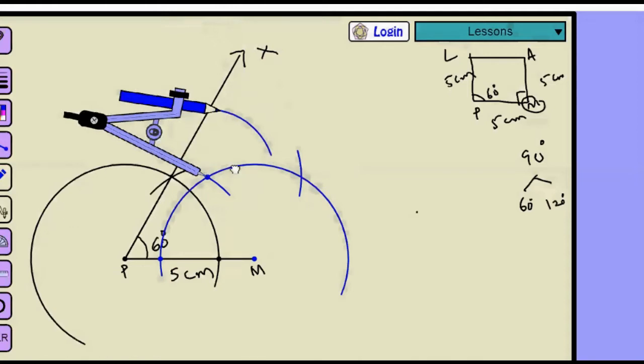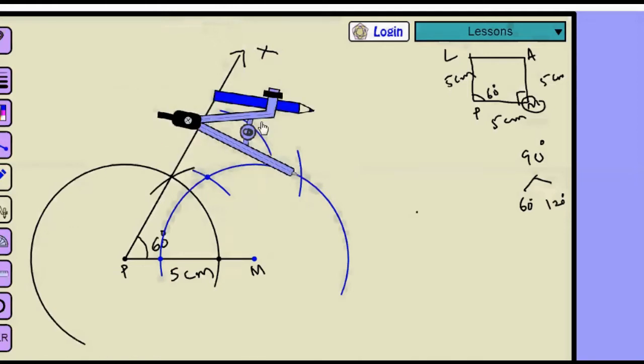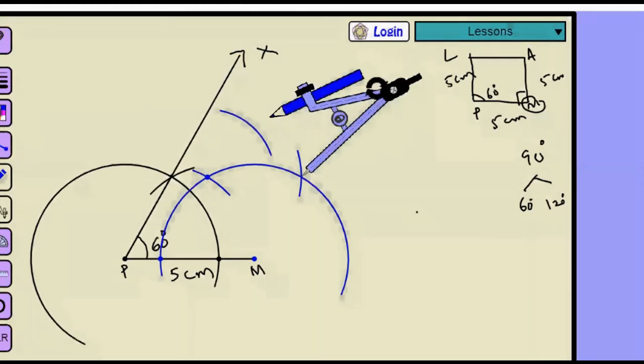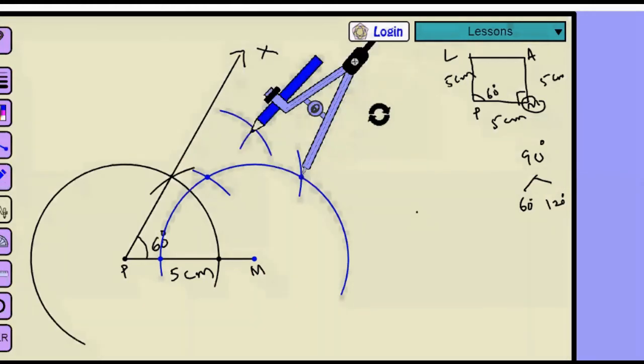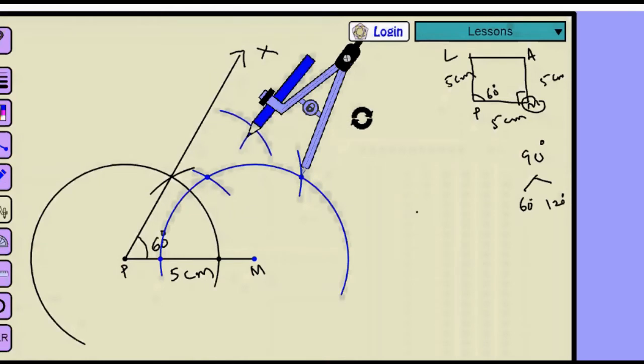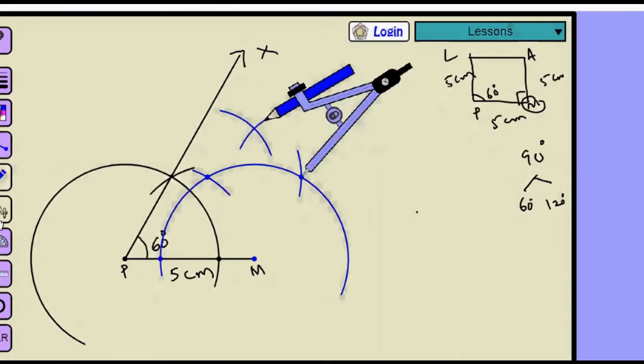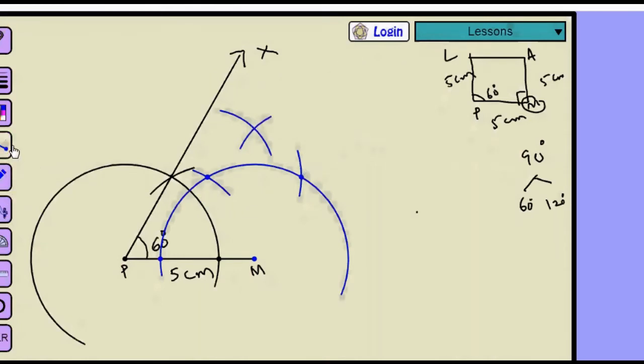Again, with the 120 degrees point as the center, draw another arc which cuts the previous arc. Now here we are getting 90 degrees. Now remove the compass, take the ruler and draw ray MY through this 90 degrees point. You should draw a ray MY at 90 degrees.